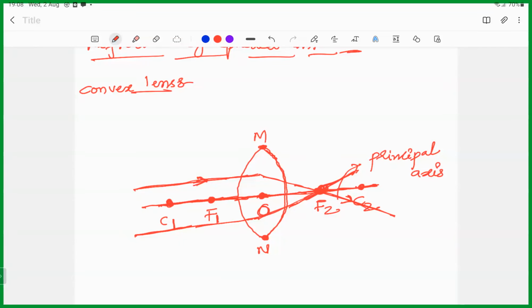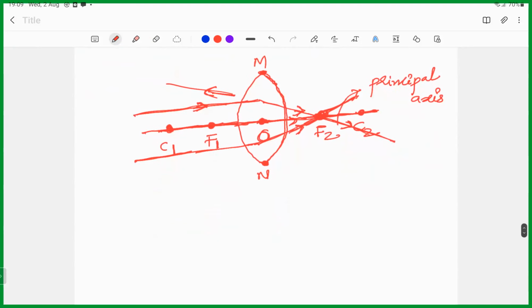Then all the rays will pass through the focal point. Always indicate the arrows properly, since they show the direction. In a reflection, you need to show them going back, which direction they are going.